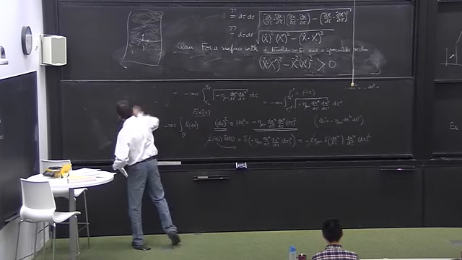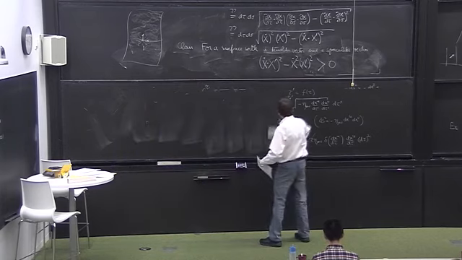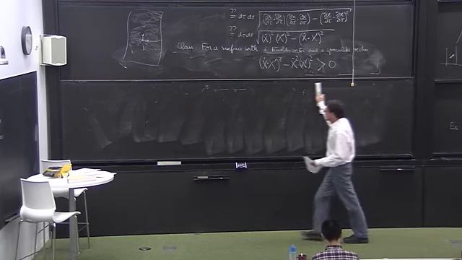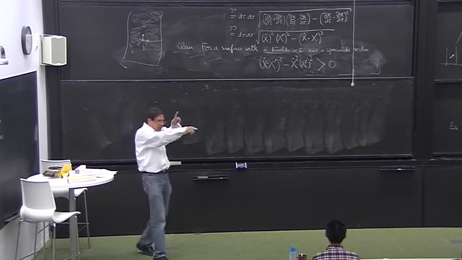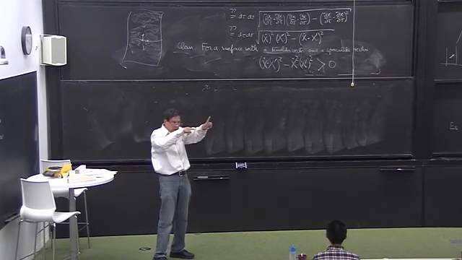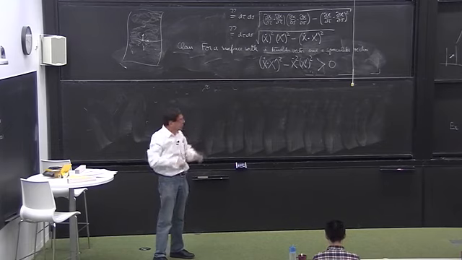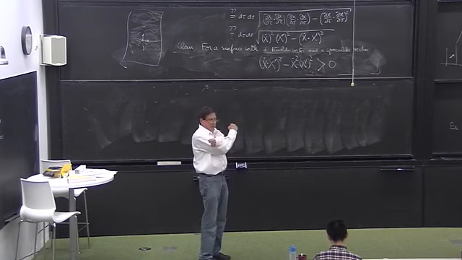I was going to do the proof, but I think I'll spare you the proof. Another way of thinking about this is that in a two-dimensional space with one time-like direction and one space-like direction, the Cauchy inequality is actually completely reversed.